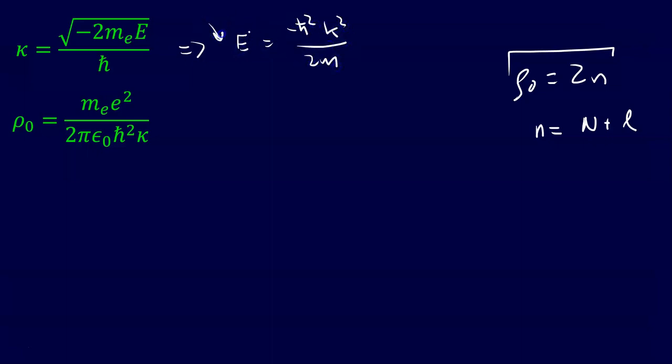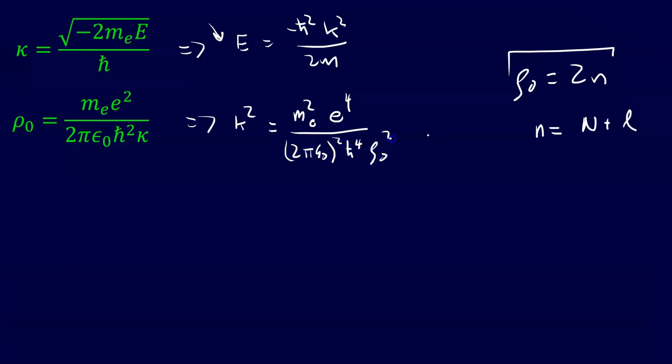So here's the energy in terms of this kappa, and then if I take this, I can express kappa squared like so, in terms of this rho naught.